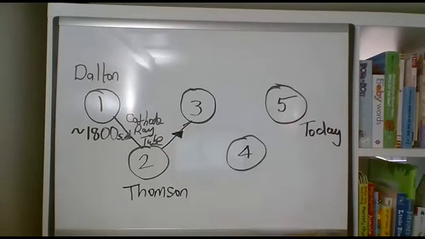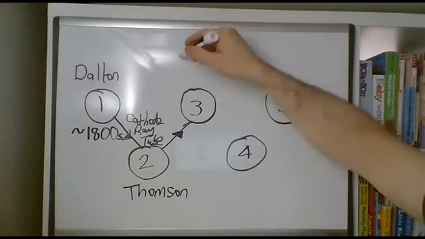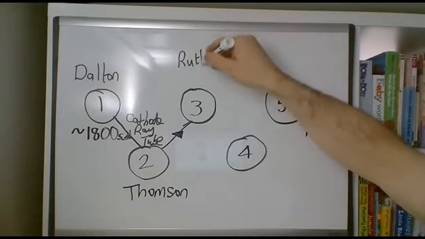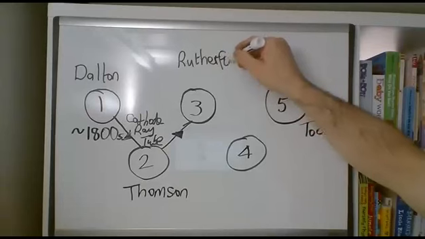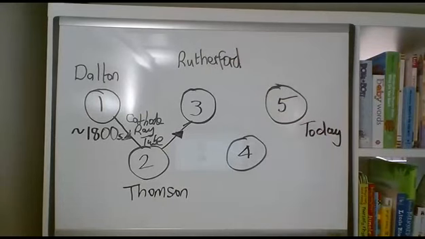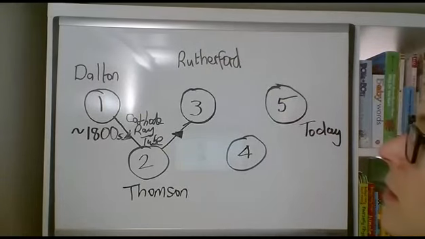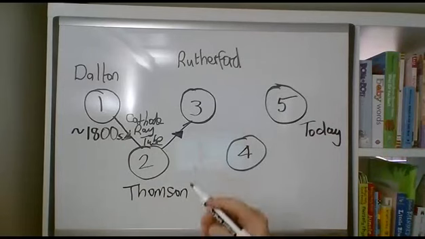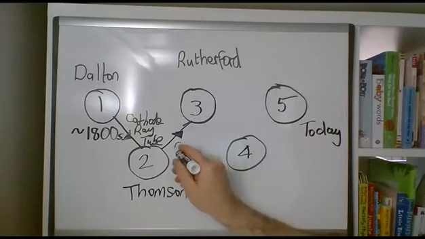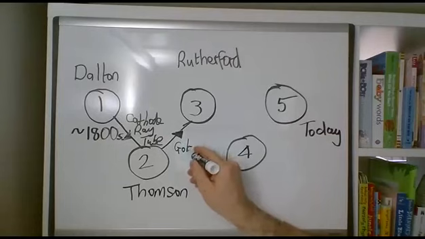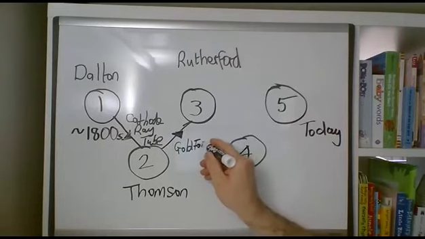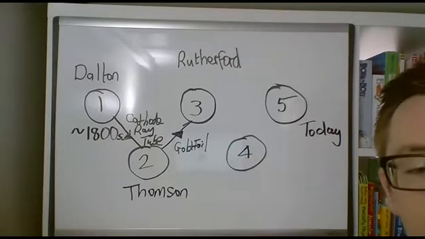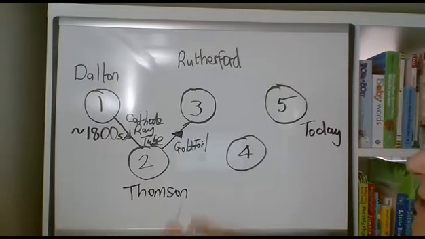The third model of the atom is accredited to Ernest Rutherford, and the experiment that led to its discovery was the gold foil experiment. The gold foil experiment took us from the Thompson model of the atom to the Rutherford model of the atom.